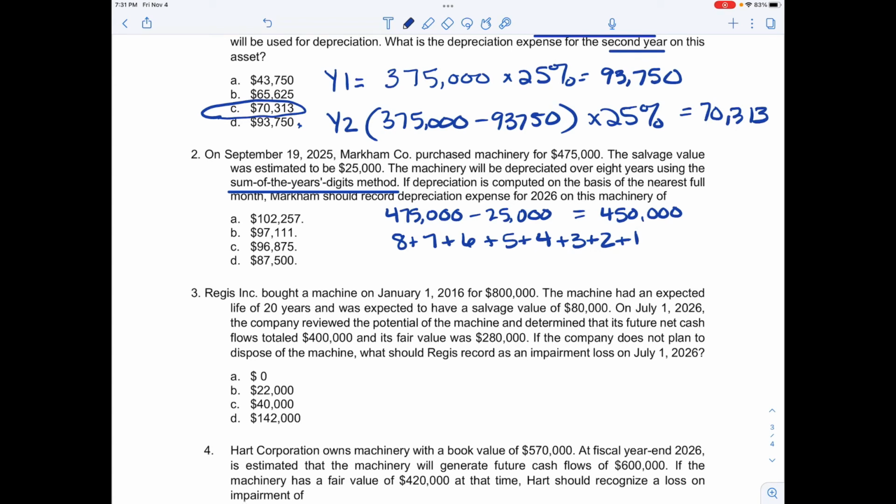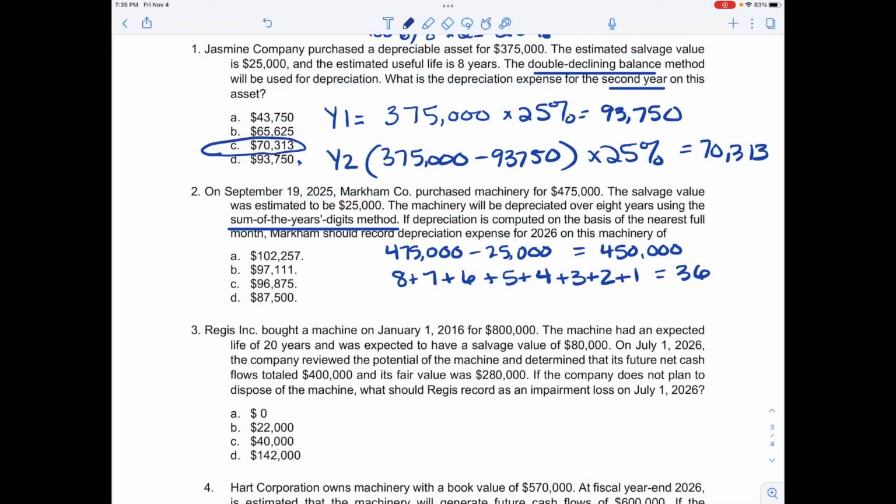I usually do this on Excel, but my computer is shutting down. So that's 36. So now that I have that 36, I can calculate how much depreciation it is for each year.